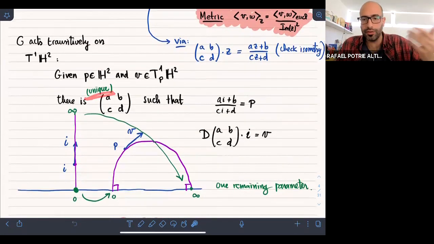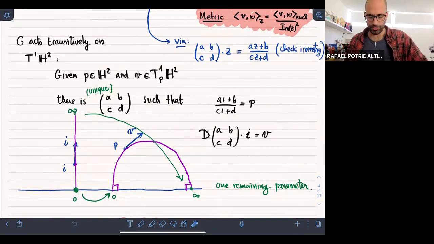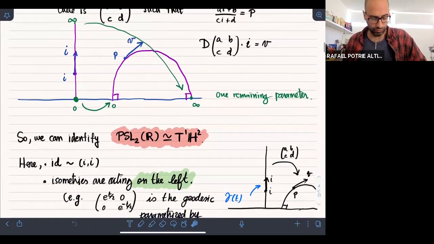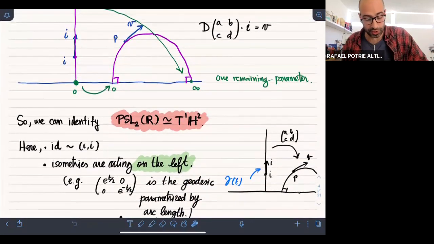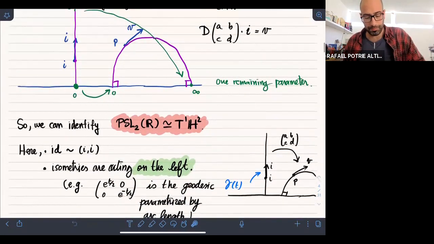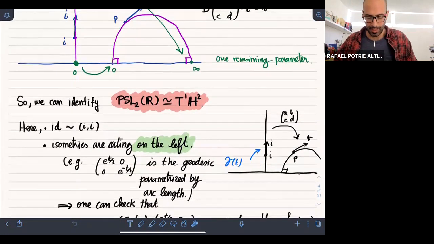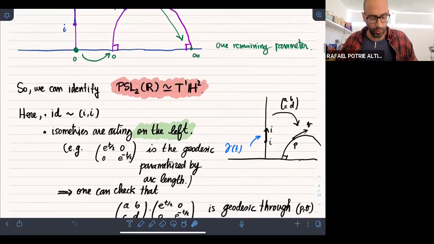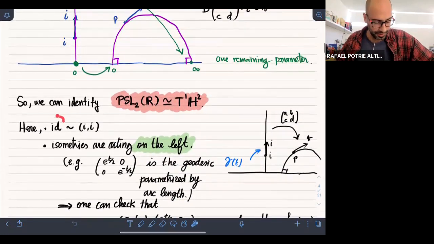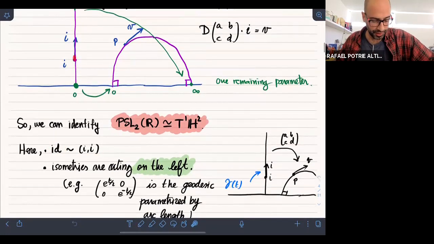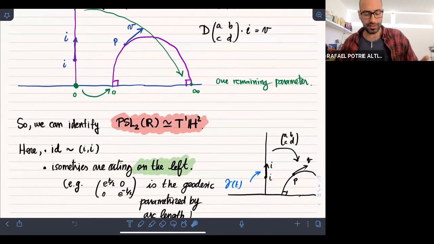This is also something that follows from the properties of Möbius transformations. So this is the identification I claimed before between PSL2R and the unit tangent bundle of H2. Here we are identifying the identity with this point and this vector because we are acting on it.